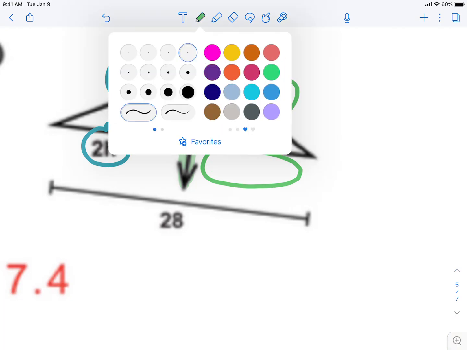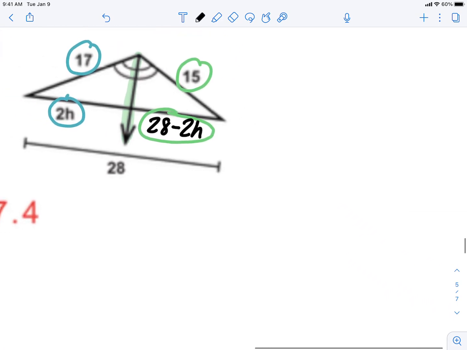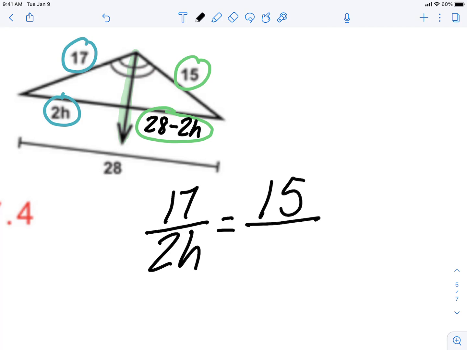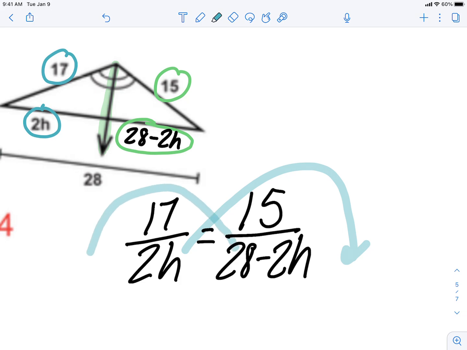So we get 28 minus 2h. There you go. Look at that. So we have our special relationships now, so we can set up our proportion. So 17 goes with 2h, and 15 goes with 28 minus 2h. Okay? So 2h times 15 and 28 minus 2h times 17.